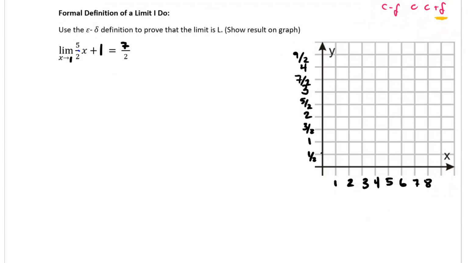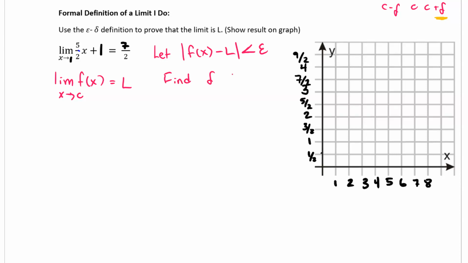So the first thing I'm going to do is write our limit notation below that. And then I'm also going to go ahead and give us our two parts of the definition. So we're going to let |f of x minus L| be less than epsilon, and then we're going to find the delta that corresponds to that.